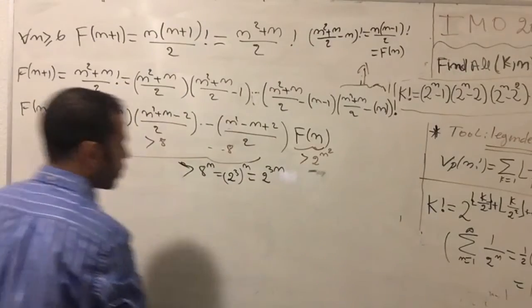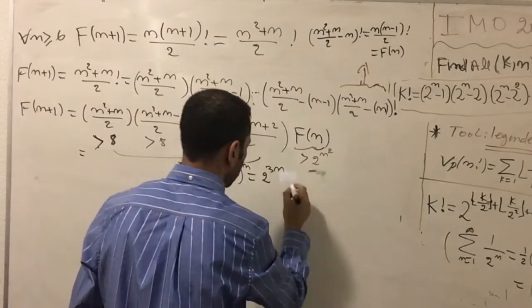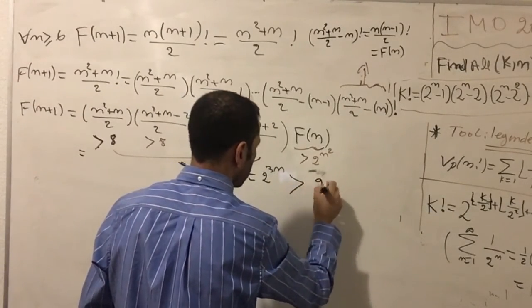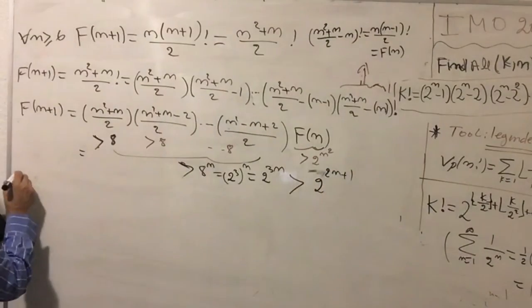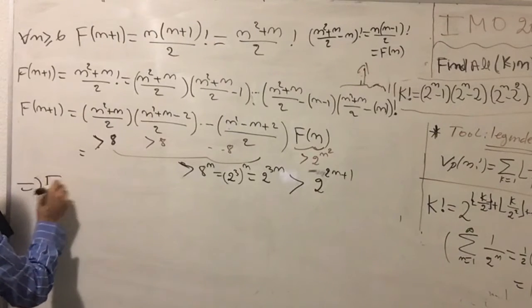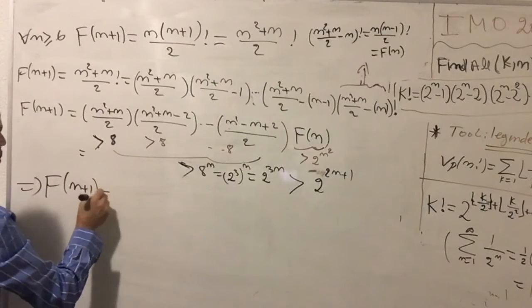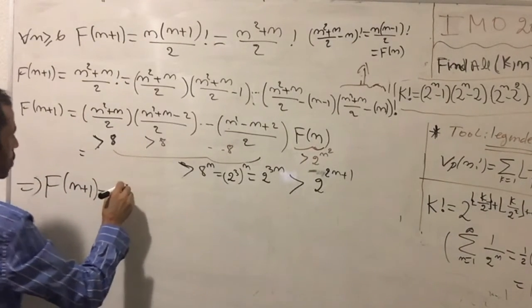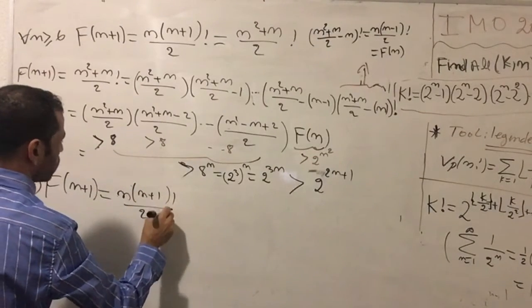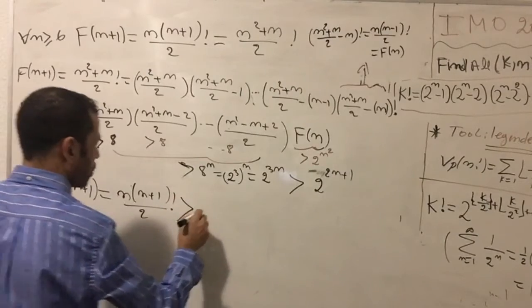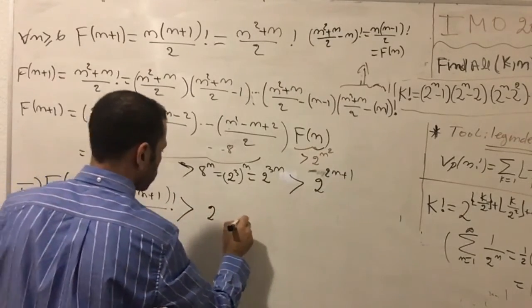Also, this 2 to the 3n is bigger than 2 to the n plus 1. So that means f of n plus 1, which is n plus 1 over 2 factorial, is bigger than 2.